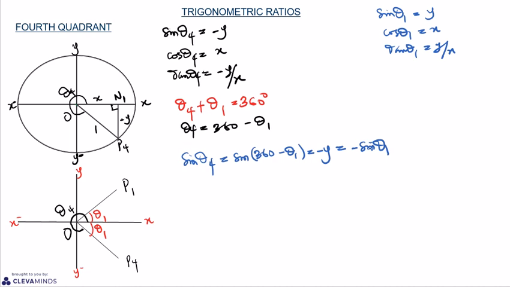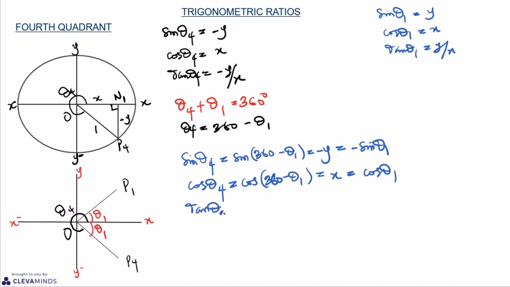That's what it implies. Then we come to cos theta 4, which is cos of 360 minus theta 1. Right? Good. And what's cos theta 4? That's X. So cos theta 4 is X and cos theta 1 is X. So that means cos theta 4 is equal to cos theta 1. It's pretty simple.